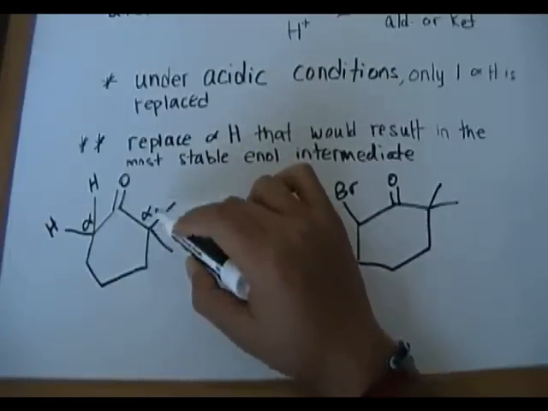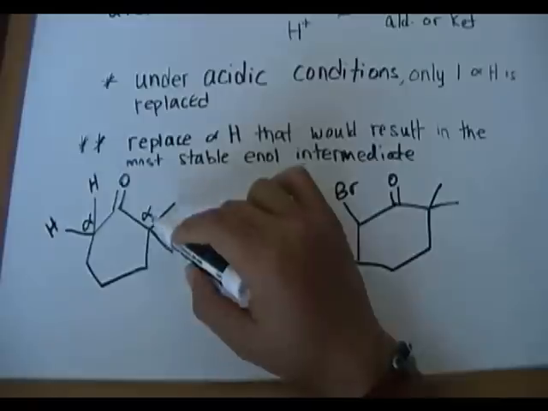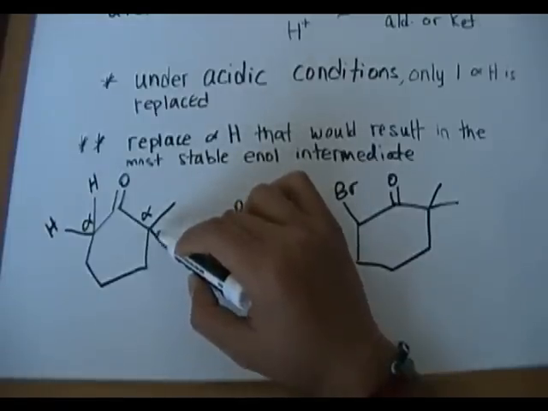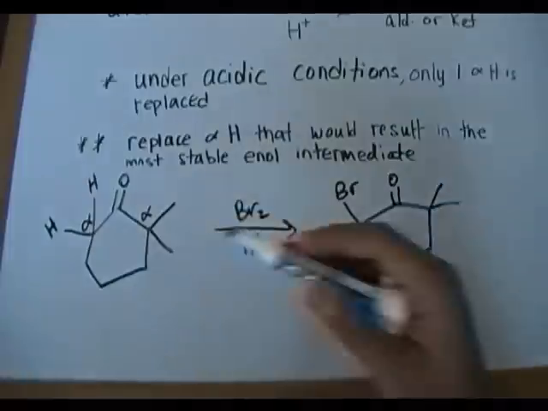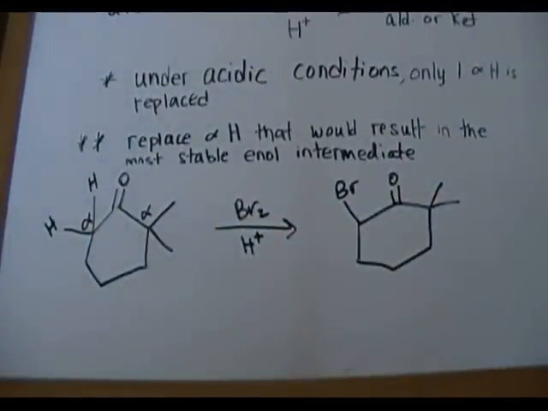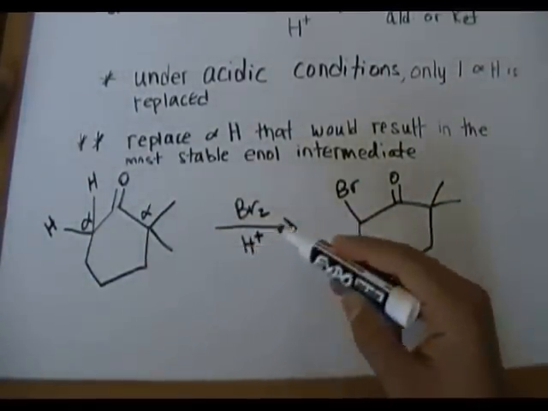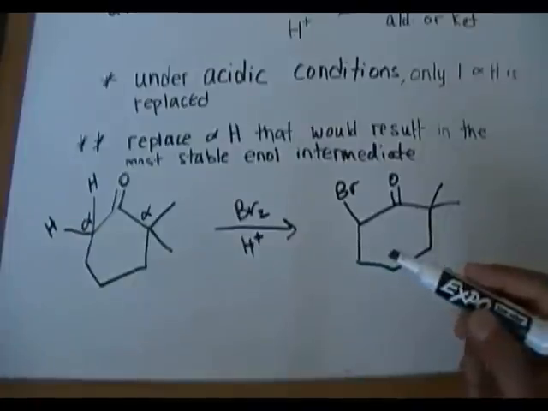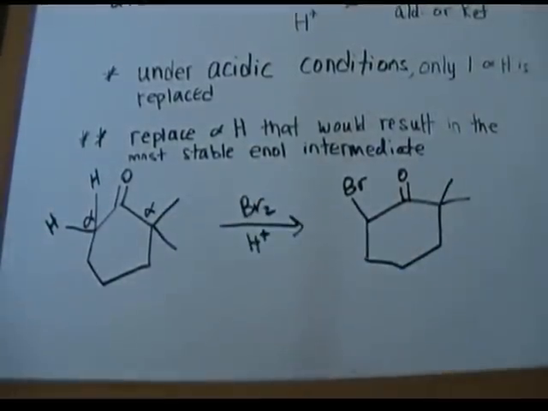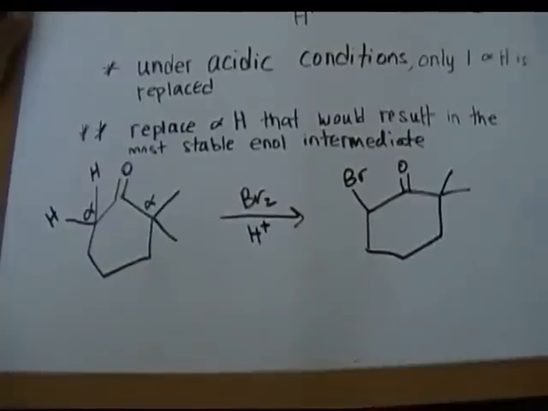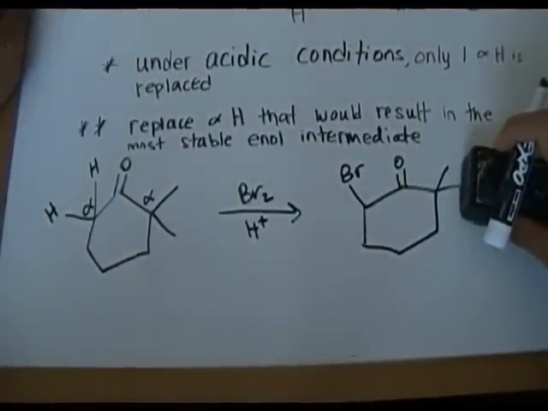So since we don't have any alpha H's in this place, we can't really replace any of them here. And as a result, we have to resort to our next position that would have alpha H's. So in this case, we would have the Br in the less substituted position because, again, we have no alpha H's to start off with. So that's something to keep in mind. So that's the product for that reaction.